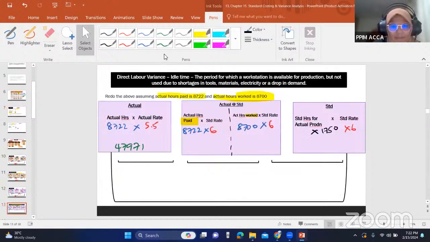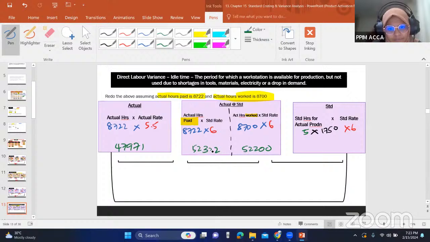So this is just a repetition. 8,722 into 6 is 52,332. 8,700 into 6 will be 52,200. 5 into 1,750 into 6 will be 52,500.